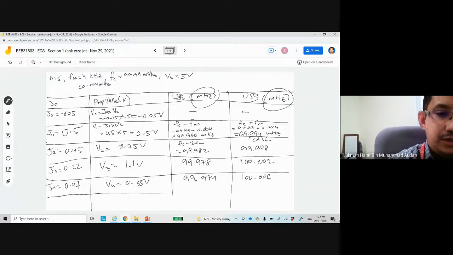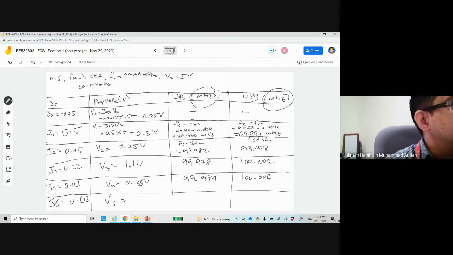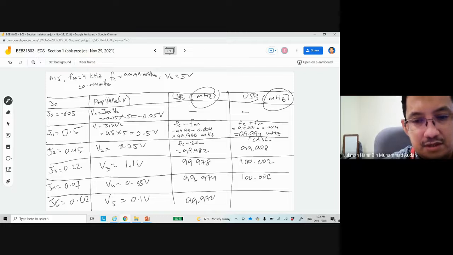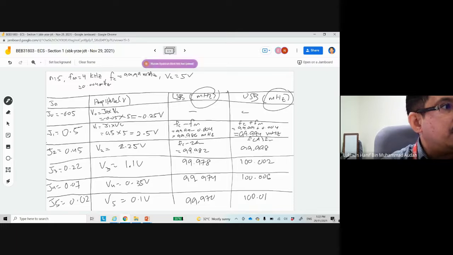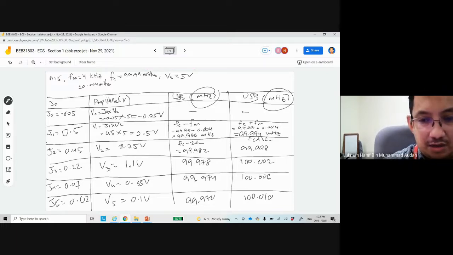And the last one would be J5. So J5 is equal to 0.02. So V5 is equal to 0.1. Okay. And then here is 99.970 megahertz. Here is 100.010 megahertz.